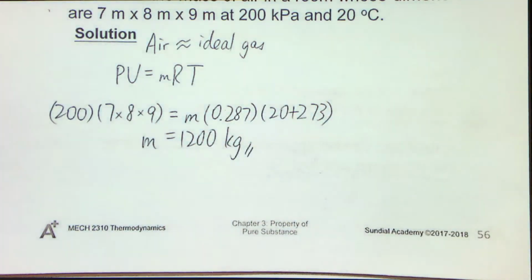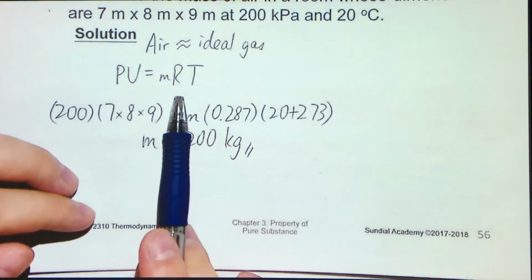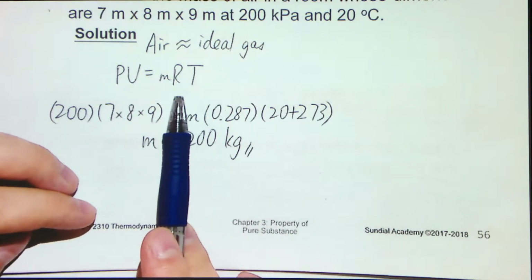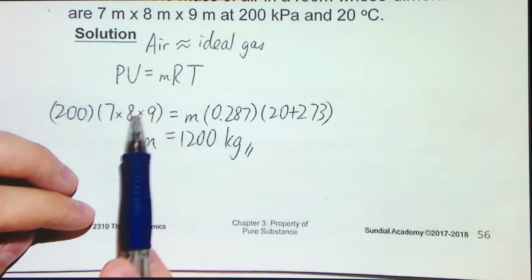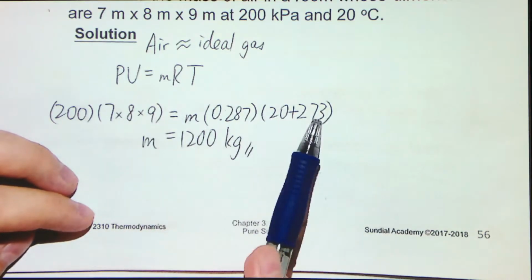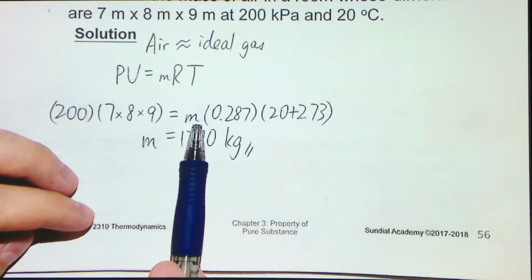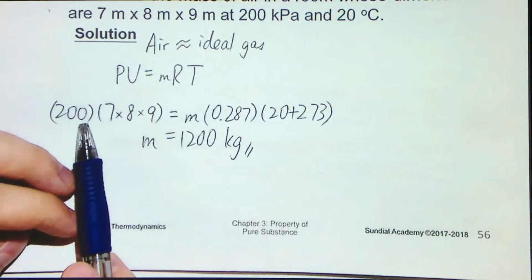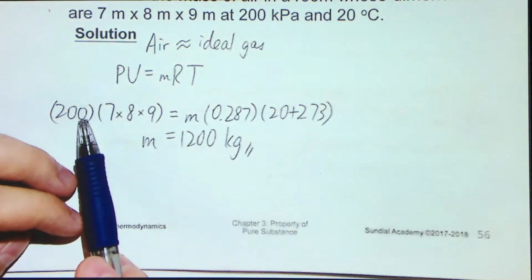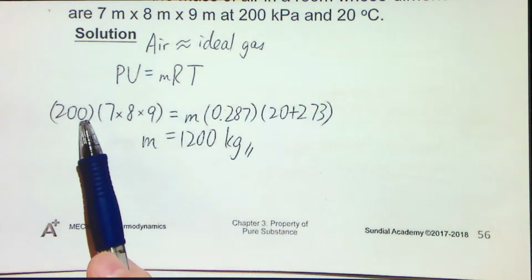So here I need to remind you one thing. If the R is in the units of kilojoule per kilogram per Kelvin, and V is in meter cubed and T is in Kelvin, of course mass in kg, then P is in the units of kilopascal.